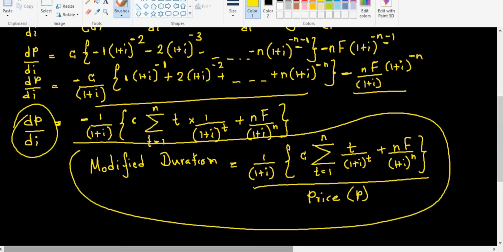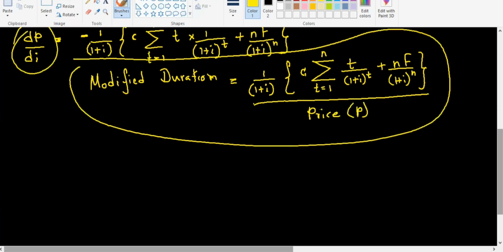In addition to modified duration, there is a standard approach called Macaulay duration. So Macaulay duration is very similar to modified duration. In this Macaulay duration, D, or some people call it DMAC, we take this part out, we omit this part.